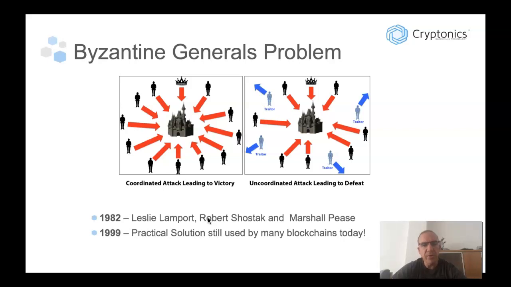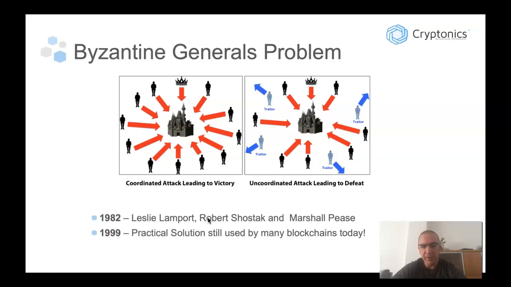So this just goes to show that not everything in blockchain is completely new. Whilst Bitcoin, when it came out in 2009, was a very innovative system and provided a lot of interesting properties, it all builds on earlier distributed systems research, which hasn't gone away certainly and is still used.